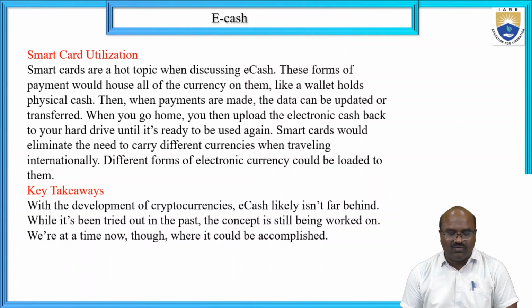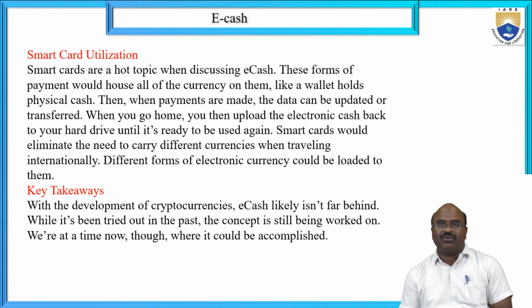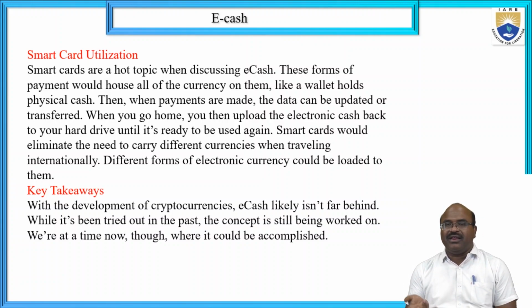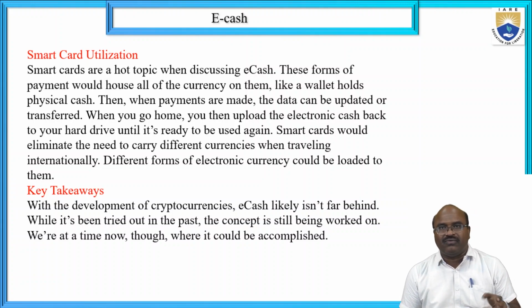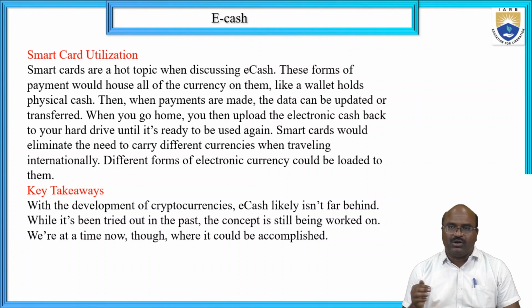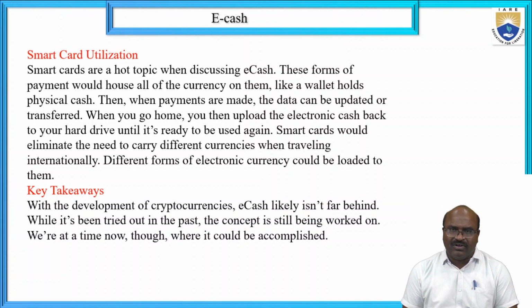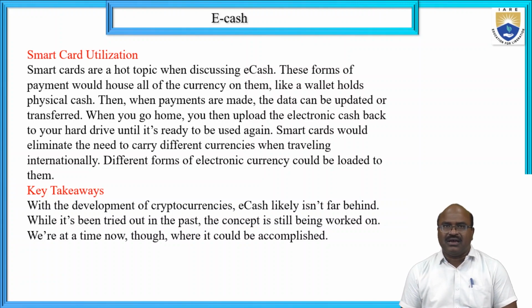With e-cash, a smart card would eliminate the need to carry different currencies when traveling internationally. For example, if you have a card in rupees and you go abroad, the wallet can convert it easily into dollars, euros, cryptocurrency, dinars, or whatever it may be. It depends upon the country, as different types of wallets or currencies are implemented.